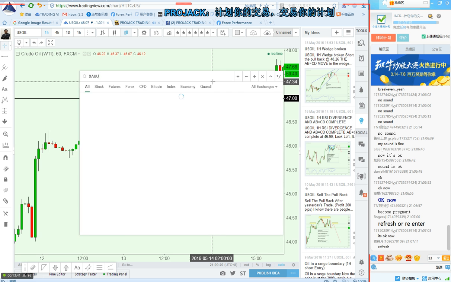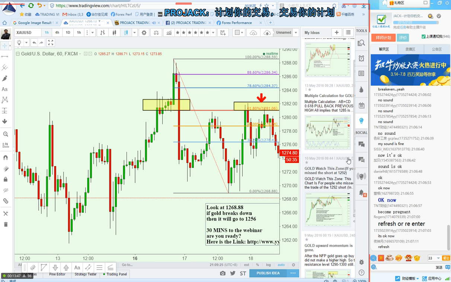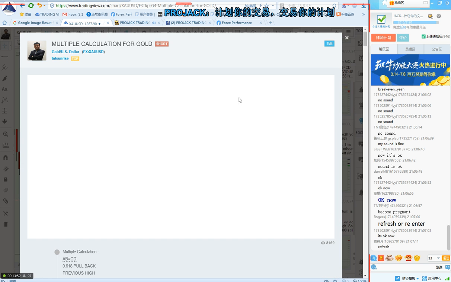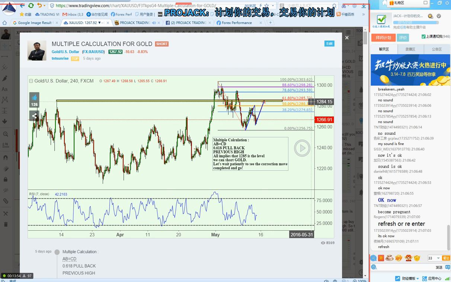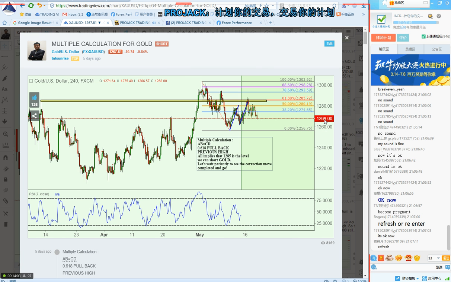However, look at the gold trade. I shorted at 1285.72, this is the trade I was doing, I think you guys also know that. And now it's 1268. This one gives me 140 pips. So on one hand I lose 40 pips, on the other hand I win 140 pips.